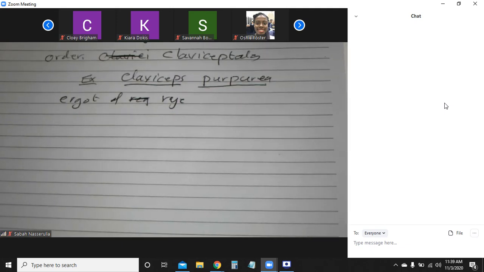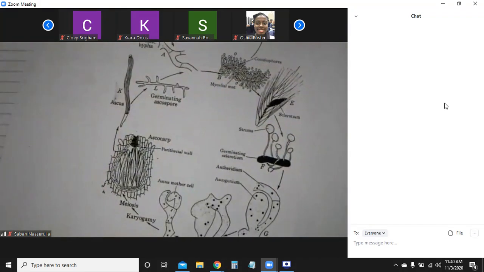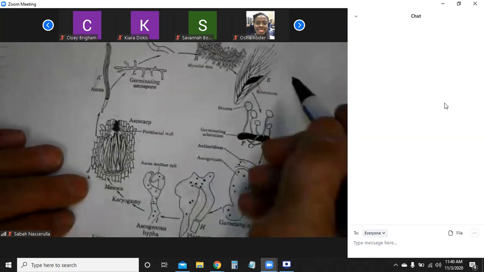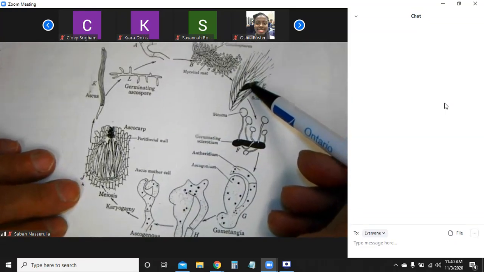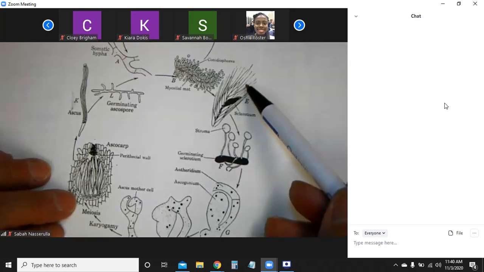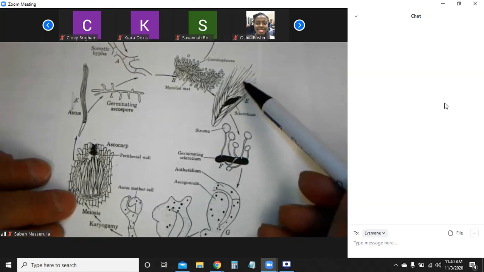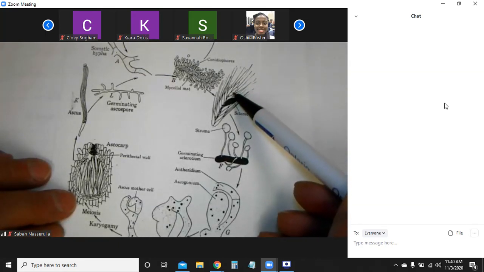And infection takes place through the stigma, and then I'm going to continue with this. If we take, for example, this host species here, this fungus infects from the stigma, and then the hyphae go to the ovary of the flower and destroy the ovary.